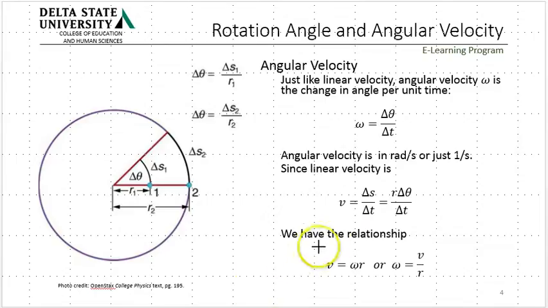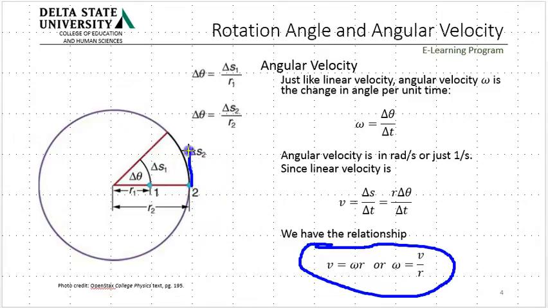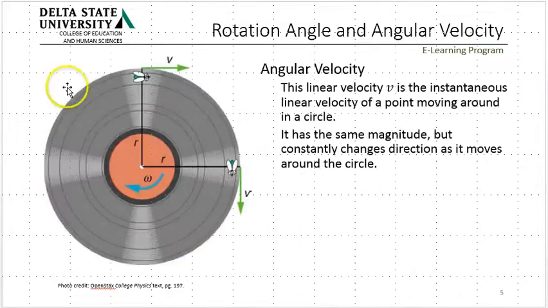So now we have this set of equations, these two equations that are really just one rearranged. V, our linear velocity, or the tangential velocity you're going at the edge of a circle, is your angular velocity times the radius, or the angular velocity is your tangential velocity divided by the radius. Linear velocity is your instantaneous speed at any point as you move around in a circle.